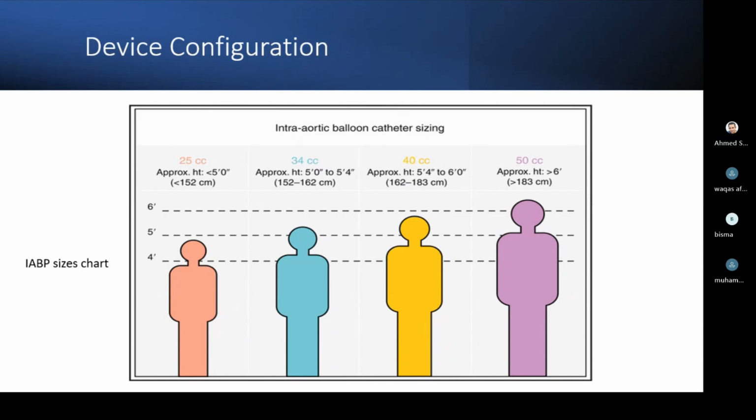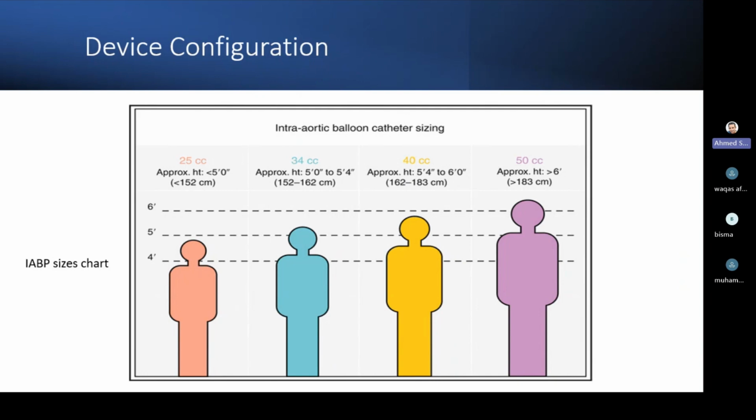What things play in your mind while selecting the catheter? Is it an obese patient, the caliber of the vessel, or only the tall patient, same-height patients? What factors do you consider for selecting the size? No, I think you are more of an expert in this issue than me.